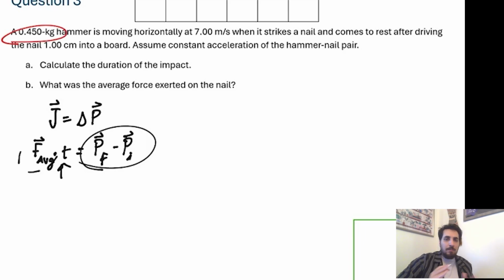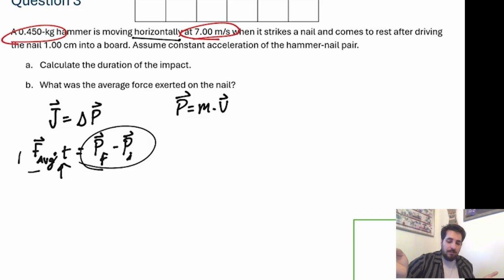So we read through the problem and we say, okay, we have the mass. Maybe that's going to be useful. We have a speed. Okay, mass and speed. Well, I know momentum is mass times velocity. And I have a speed of 7 meters per second moving horizontally. That's the direction, so we have the velocity. Wonderful.